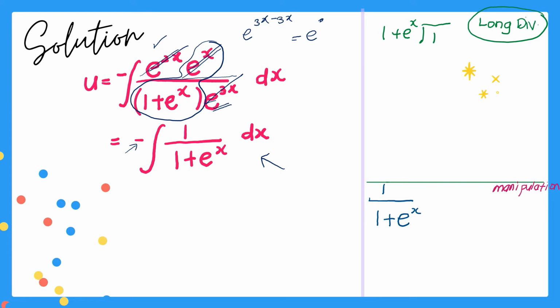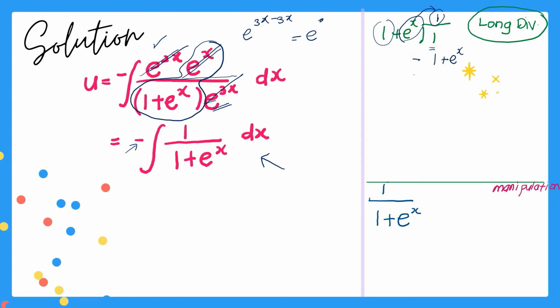I want to cancel out the 1 here, so I just multiply by 1. 1 times 1 is 1, and e^x times 1 is e^x.